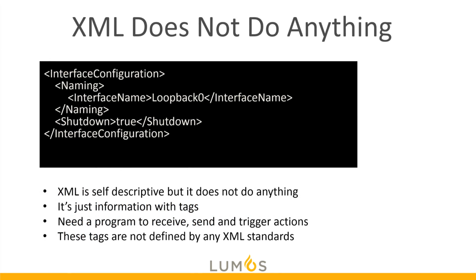So XML does not do anything. Okay, XML is a self-descriptive format for carrying data, but it's just information with tags. It needs some sort of other program to send, receive, and then trigger actions or do something with that. And the tags themselves, as I mentioned, are not defined by any standards other than what types of ASCII characters you can and cannot put in them.